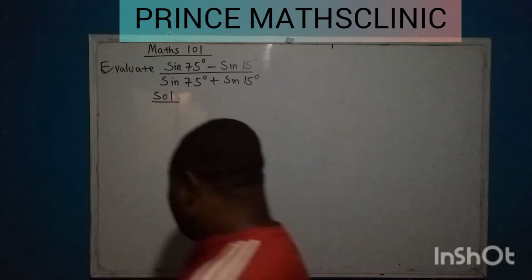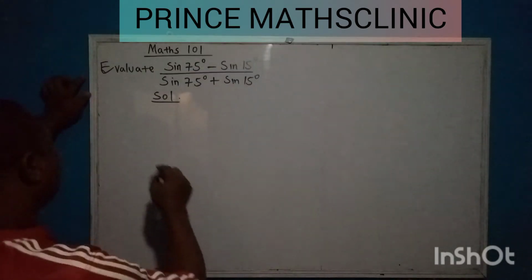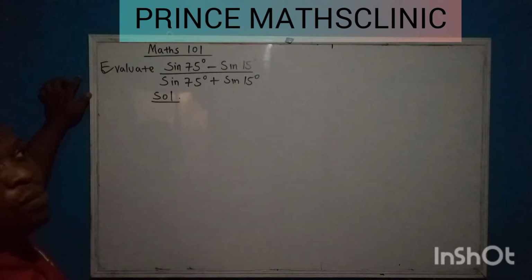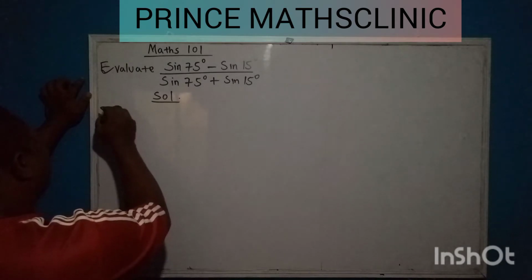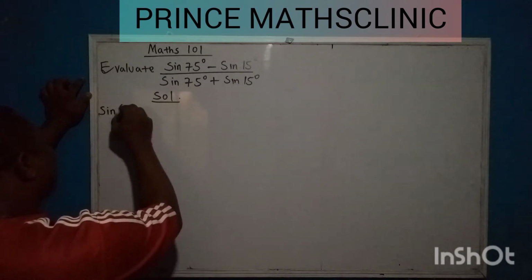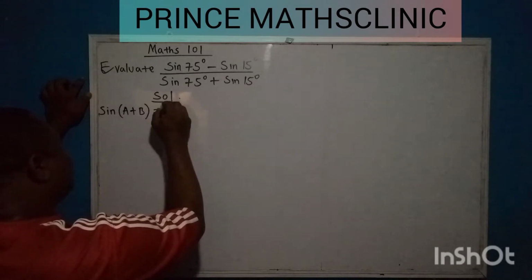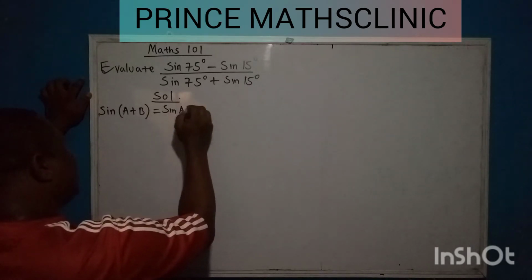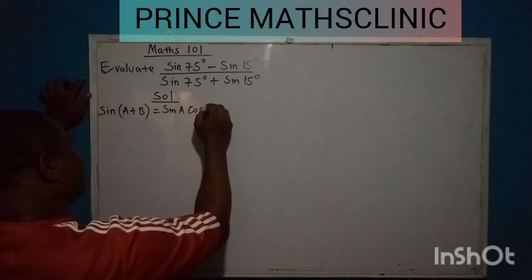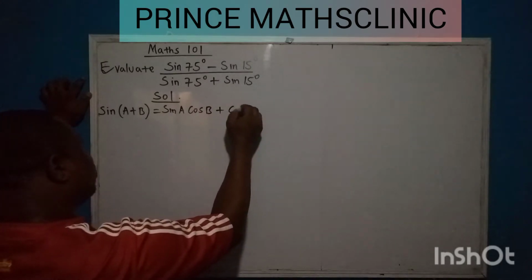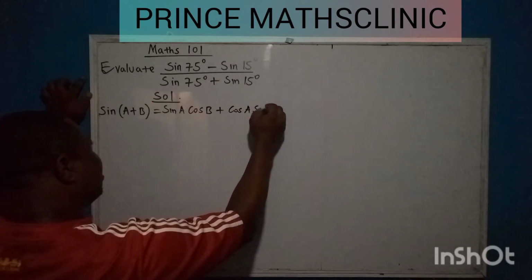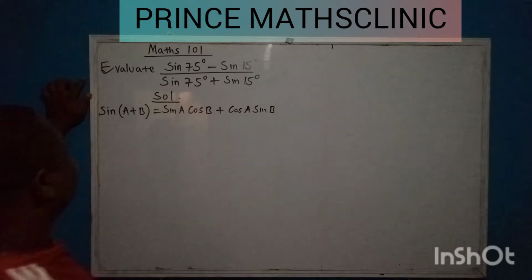To begin with, we have a formula in sine that tells us that if two sines are added together, it's going to be sine A times cosine B plus cosine A sine B.